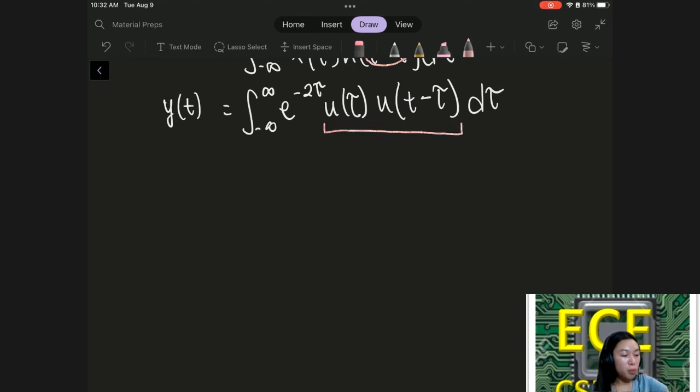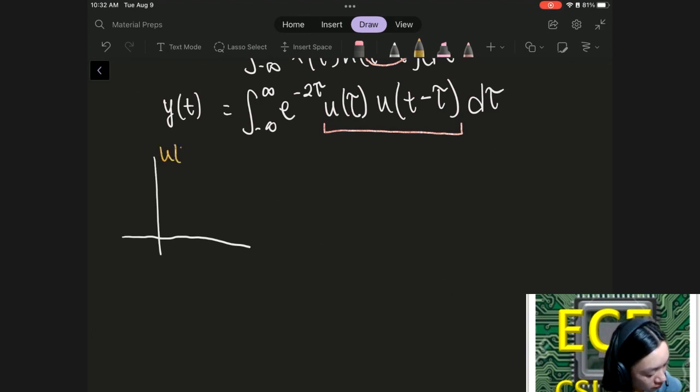Let me show you. So this is two signals being multiplied together, right? Draw out each signal. So for u of tau, that is just a unit step function with the variable tau.